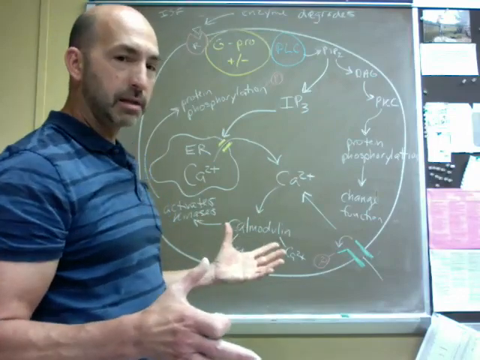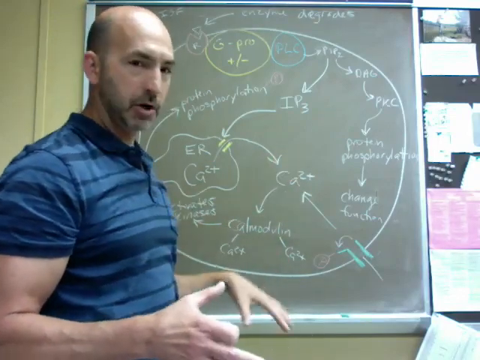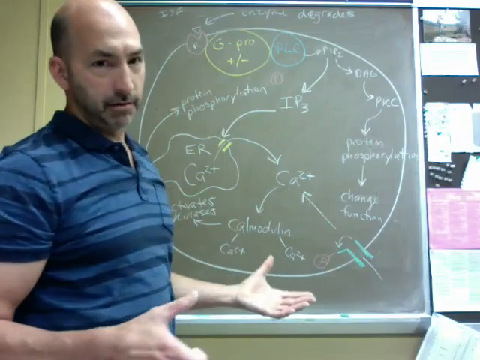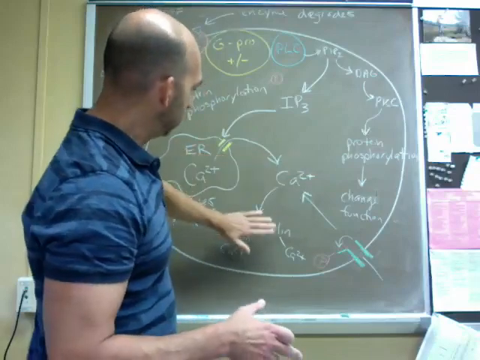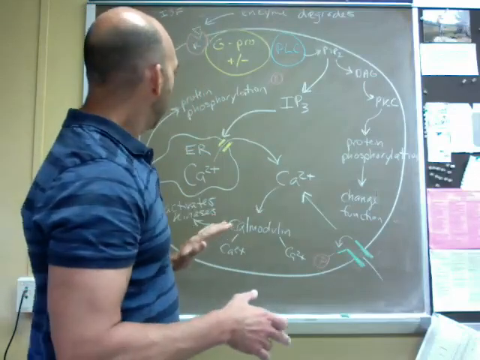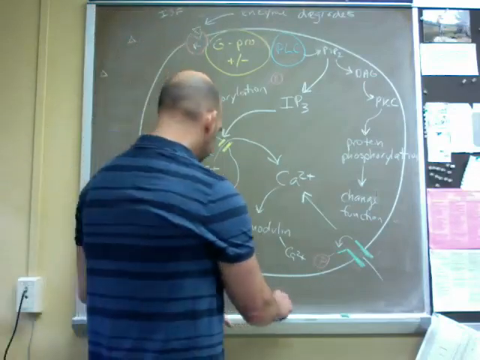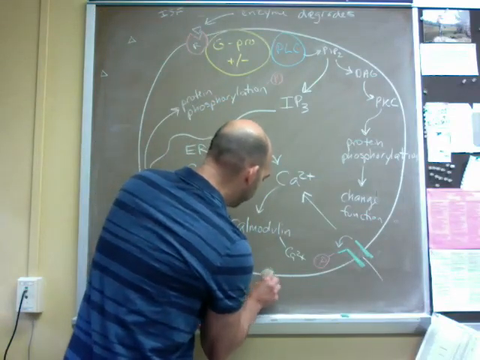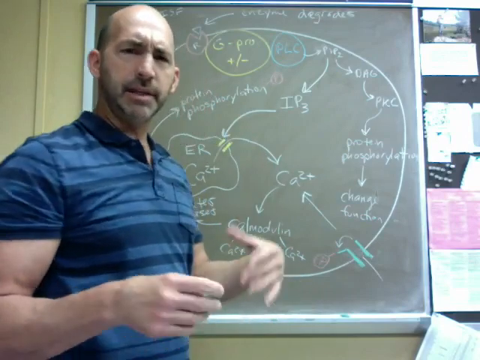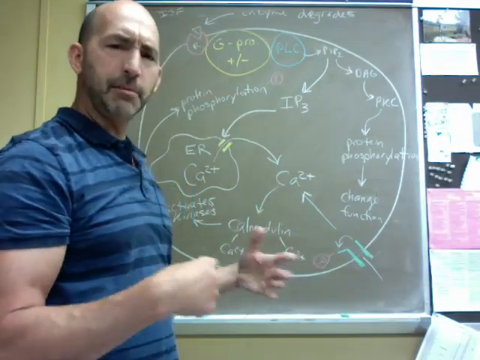Well, does that mean the calcium levels in the cytoplasm go back down? Not without something else. We have to get rid of the calcium that we released so that we could deactivate the calmodulin. And the way we do that is through one mechanism you've seen before when we laid out how cells set up their electrochemical gradients.